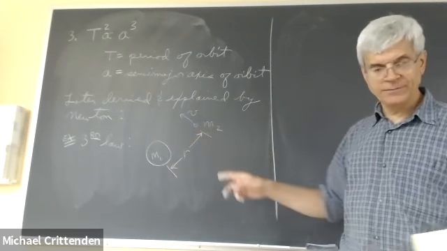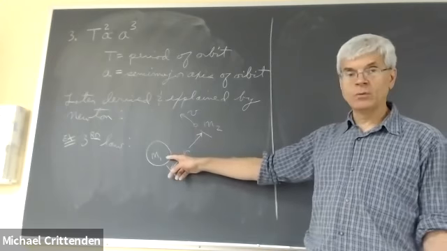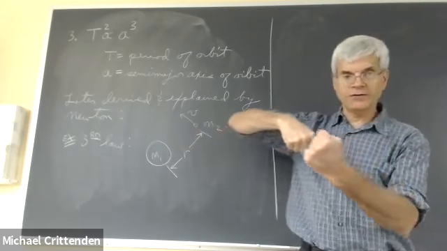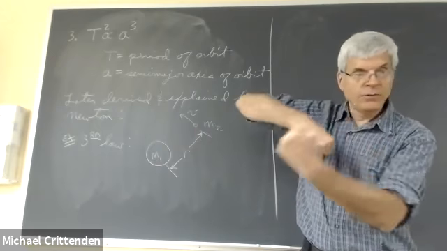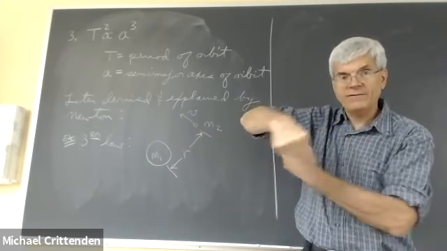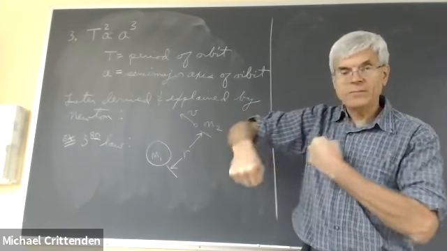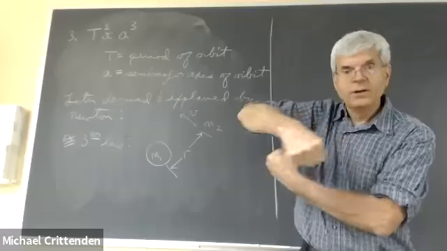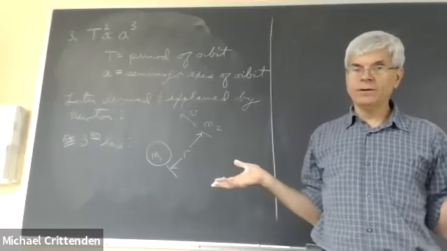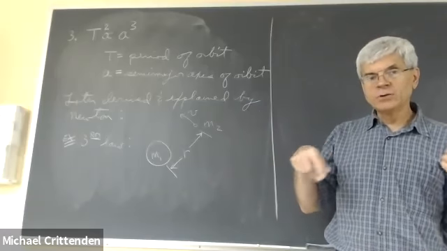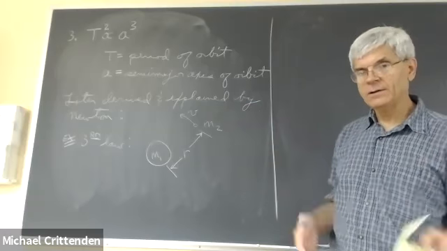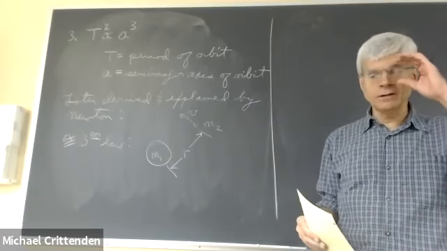What that does is it allows me to consider M1 stationary. If you, for example, have two identical stars, and the stars are identical, their center of mass is halfway between them. Wherever the center of mass is, both of the stars orbit around the center of mass, kind of like this. Even with the Earth and the moon, the Earth moves around in the moon's gravitational field, as well as the moon moving around in the Earth's.